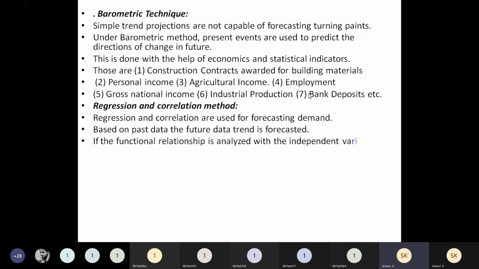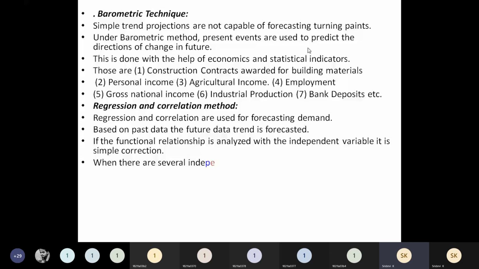Positively related means when x is changing, y also changes. If x and y are depending on one another, then automatically if one variable is increasing, the other variable also increases. If one variable decreases, the other also decreases. This is the result that is indicated based on the answer you get after applying the equation.